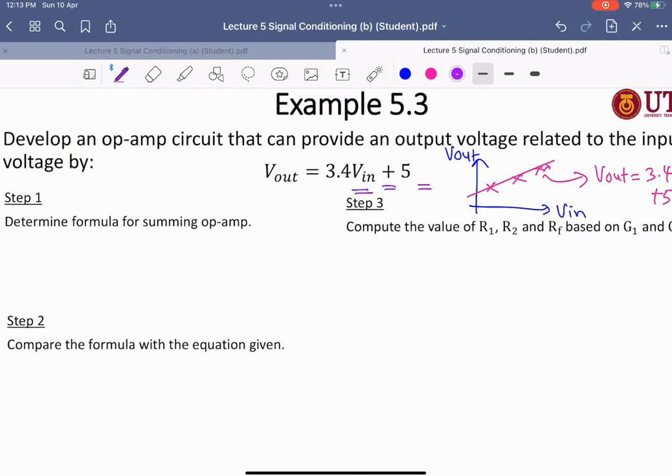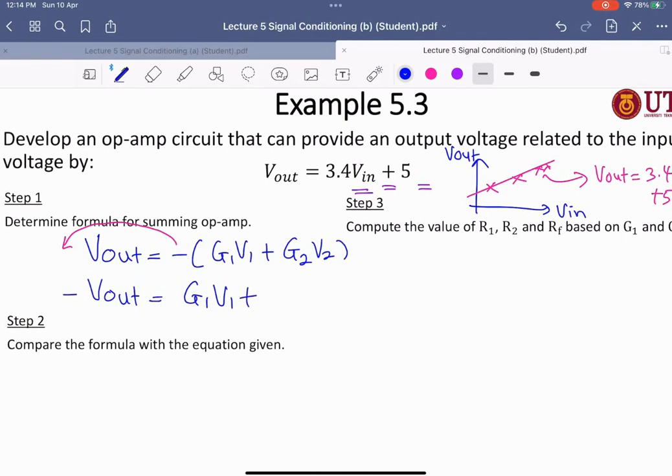The formula for the summing circuit is Vout = G1 V1 plus G2 V2, because we assume it's only two inputs. Then the next step is to bring the -1 over, so minus Vout equals G1 V1 plus G2 V2.